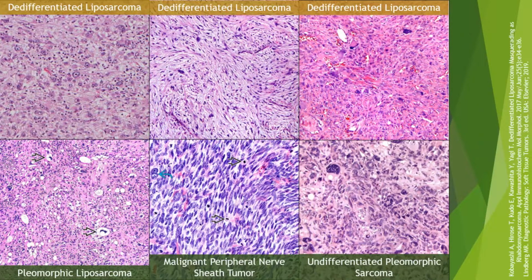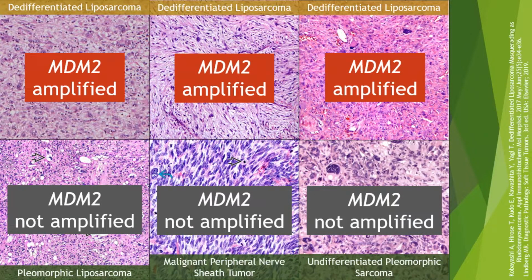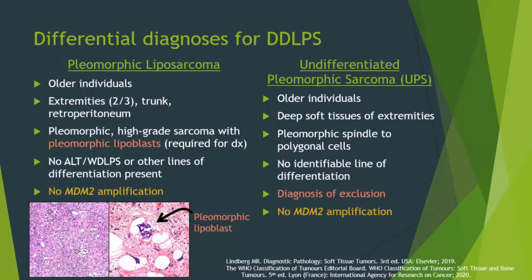The bottom 3 are some of the possible differential diagnoses of dedifferentiated liposarcoma. You have pleomorphic liposarcoma, malignant peripheral nerve sheath tumor, and undifferentiated pleomorphic sarcoma. And of course, dedifferentiated liposarcoma is MDM2 amplified. So these are the differential diagnoses for dedifferentiated liposarcoma.